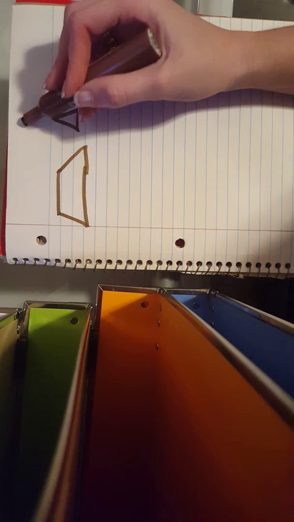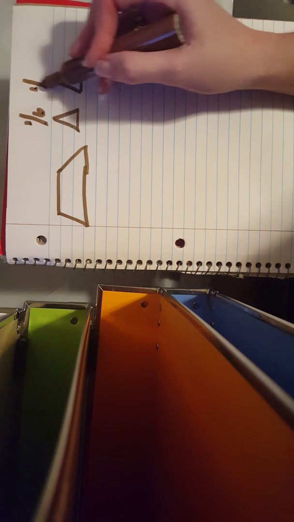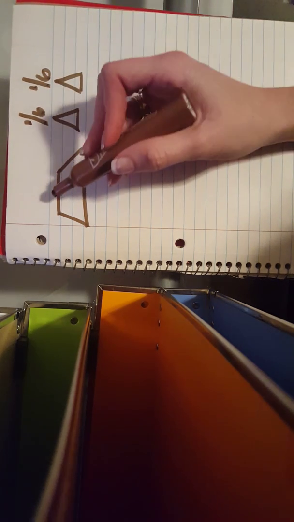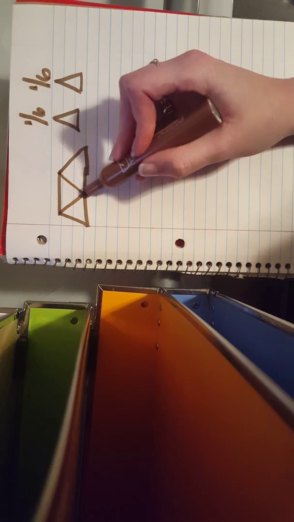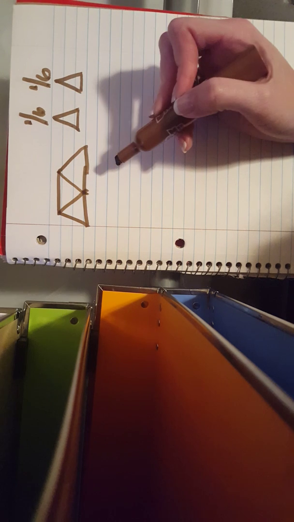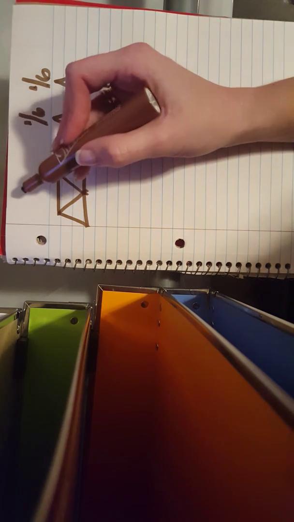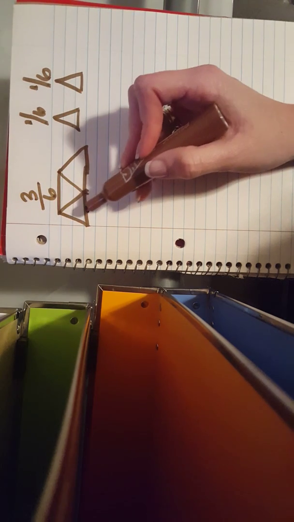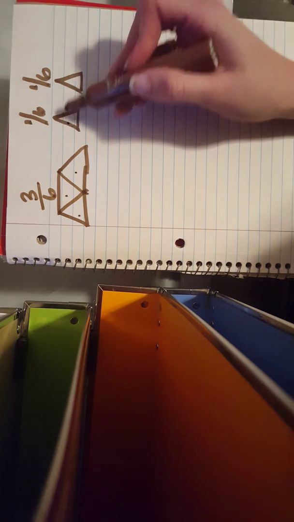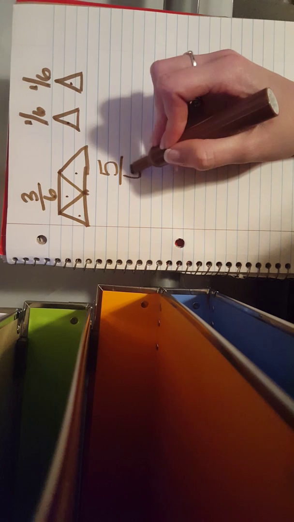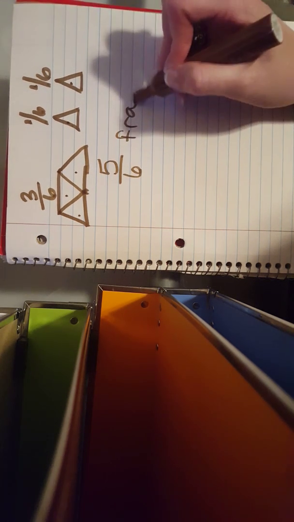So the smallest fraction is our 1/6 pieces. That means we have to split this up into 1/6. 3 triangles fit into a trapezoid. So this represents 3/6. So now I know that I have 1, 2, 3, 4, 5. 5/6 as my fraction.